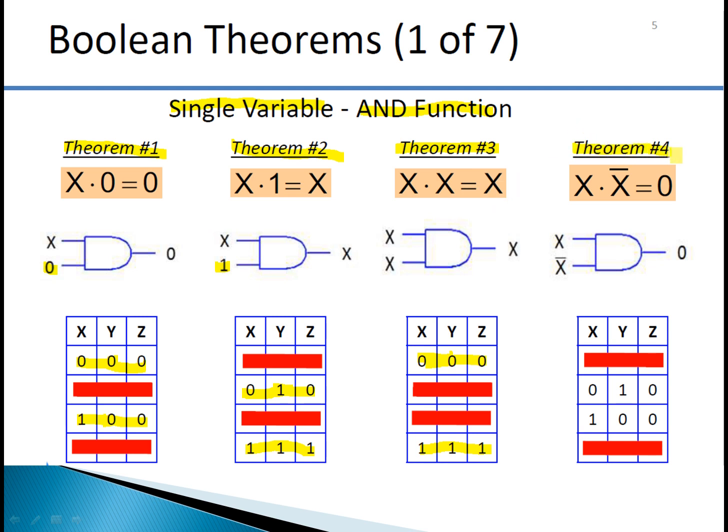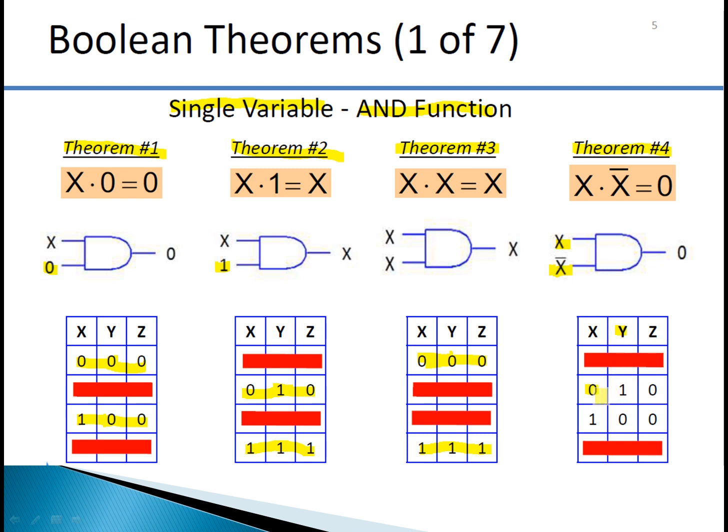Next, theorem 4, x dot x bar equal to 0. So here one input is x and another input is the complement of this variable, that is x bar. So here now y is x bar. So x value is 0, y value is x bar.